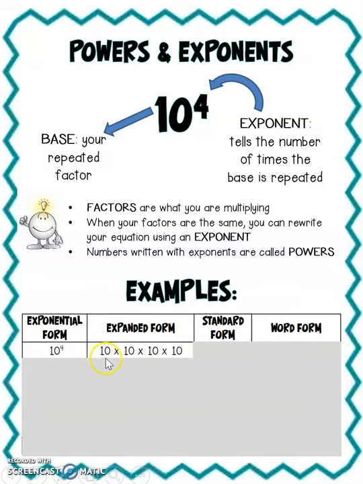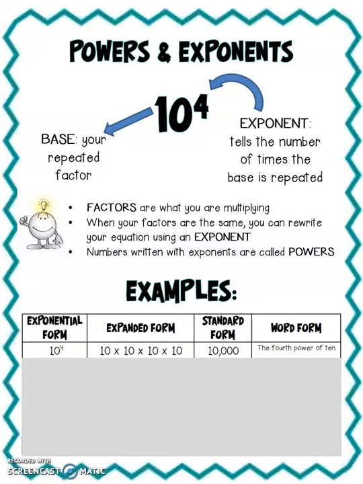So to find the standard form, I need to multiply all these 10s together. Well, 10 times 10 is 100, times 10 again is 1,000, and times 10 one last time is 10,000. So the standard form value is 10,000. In word form, if we want to call that a power, we would call that the fourth power of 10.